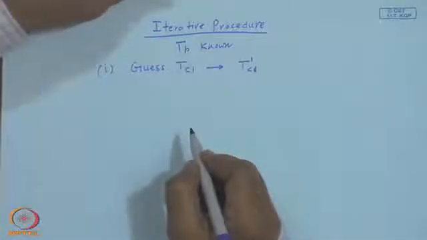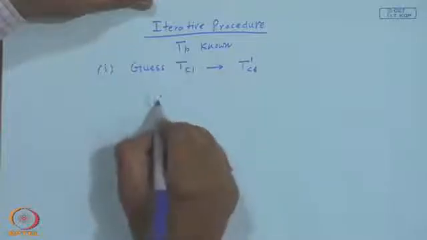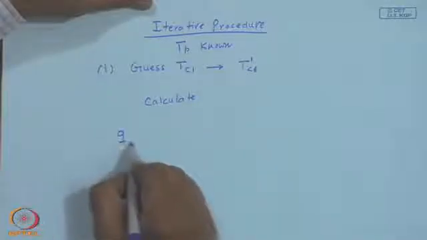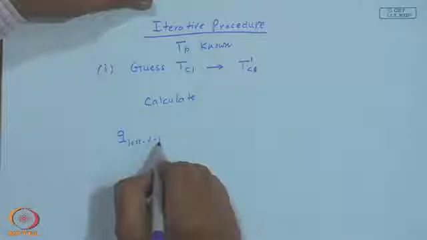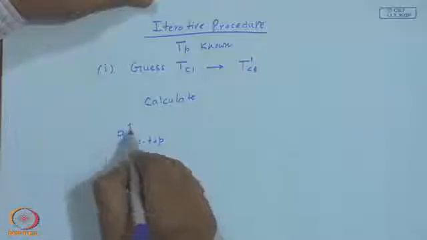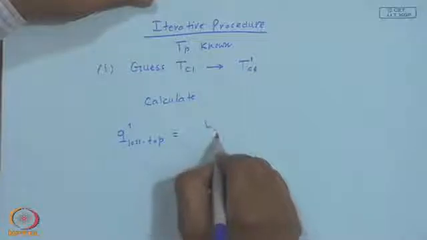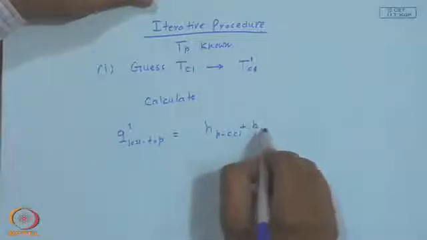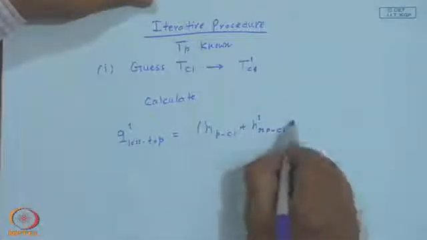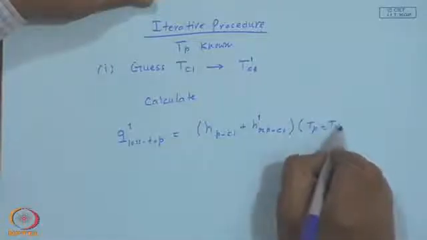I guess Tc1 and the first guess is designated as Tc1 1. So, calculate Q loss top, and since I am using the guess 1, I will qualify it with a superscript of 1, which will be Hp C1 plus Hr p C1 1, because it is obtained with Tc1 1, times Tp minus Tc1 1.